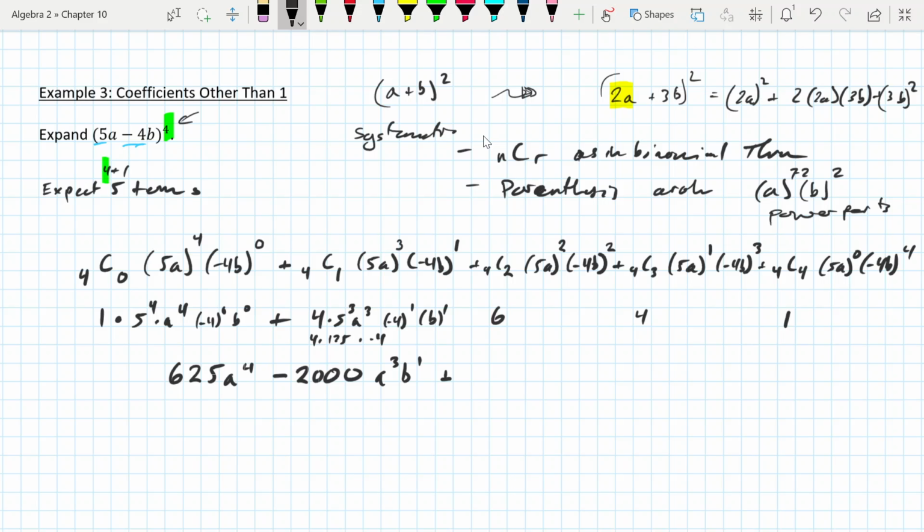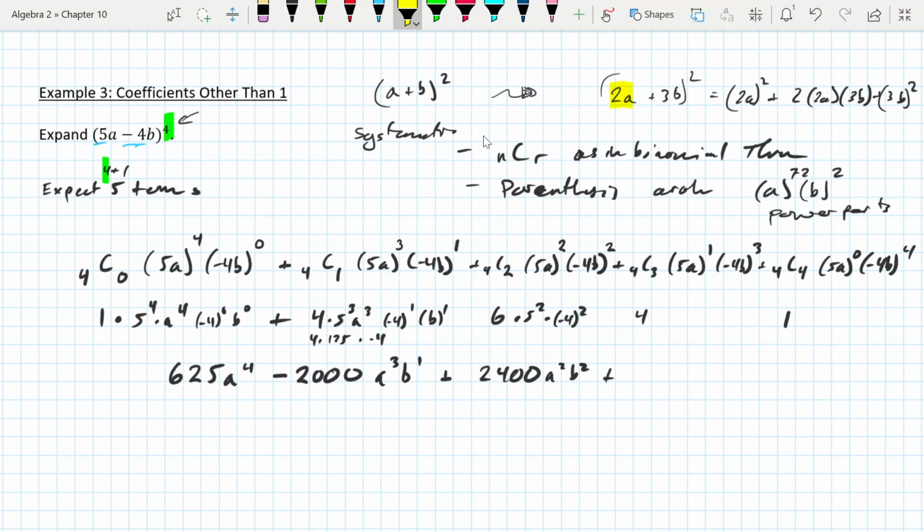Plus 6 times 5 squared times negative 4 squared. So that's going to be my number of coefficients there. And I just have a squared, b squared at the end. So 6 times 25 times 16 is 2,400. A squared, b squared. So you can see I'm being very careful here.